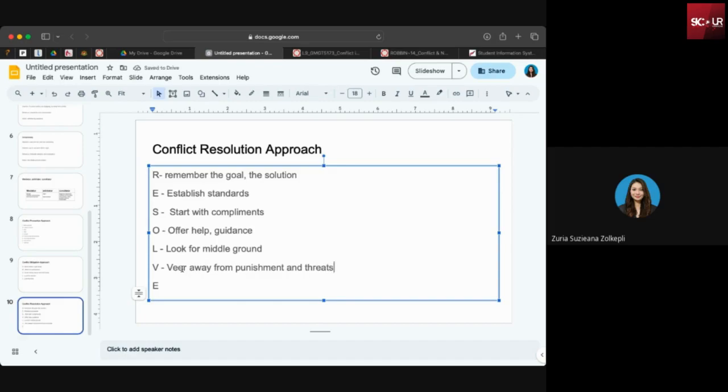avoid doing this because if you remember just now, threats ataupun punishment yang bukan punishment, contohnya lah kan, punishment ni it can be a warning letter pun, it's so called can be perceived as punishment. Panggil masuk bilik bos pun dikira sebagai punishment kan, some people.